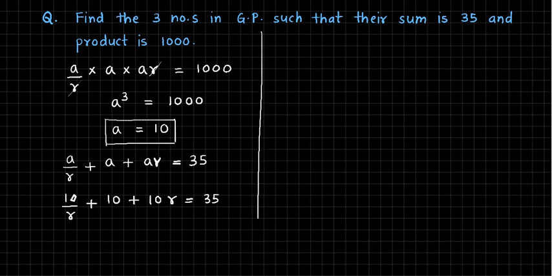So now we can take 10 common from all, and we have 10 multiplied in the bracket, 1 upon R plus 1 plus R, equal to 35. Right? Now we can cancel 5 from both sides, and what we are left with is 2 and 7.